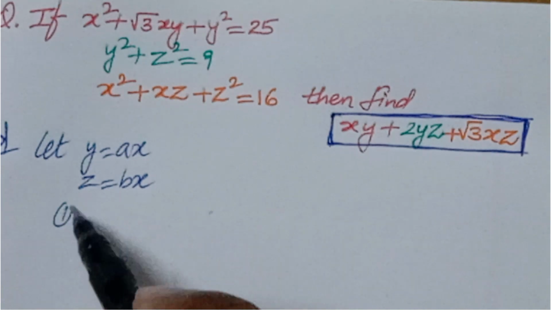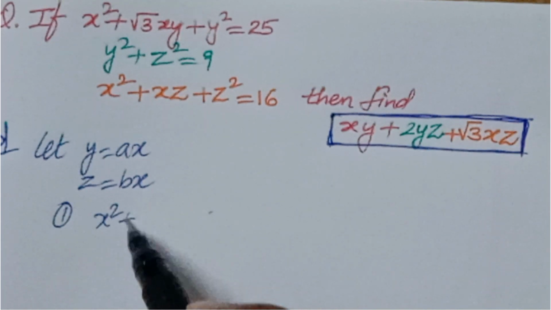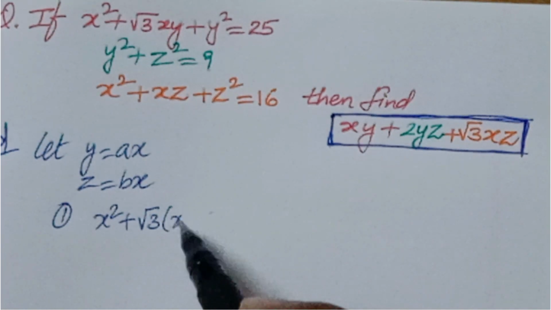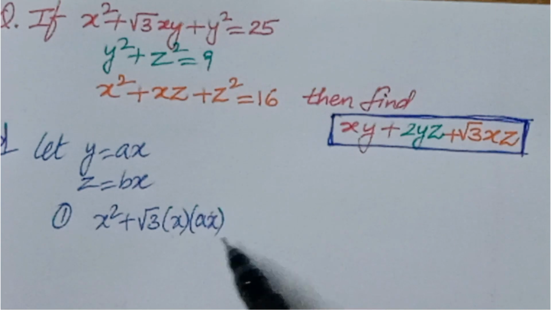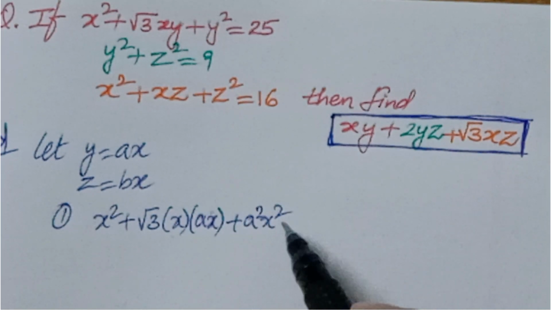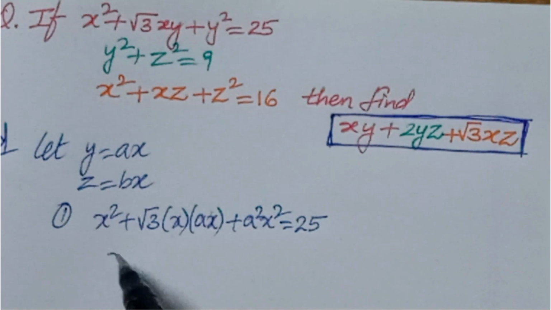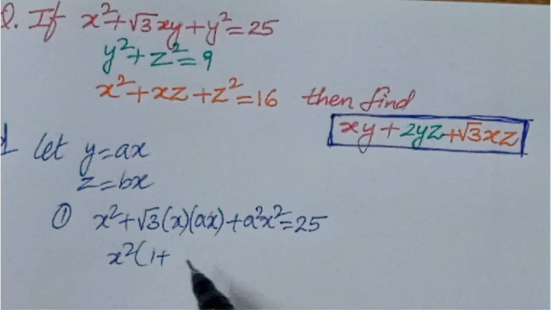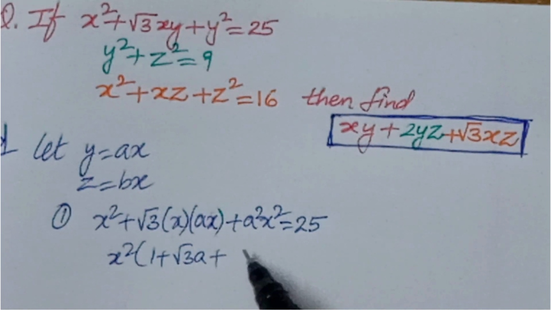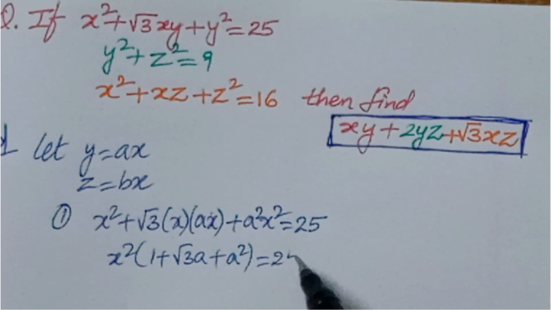Then first equation will become x square plus root 3 into x into ax plus a square x square is equal to 25. So this can be written as x square common, 1 plus root 3a plus a square is equal to 25.